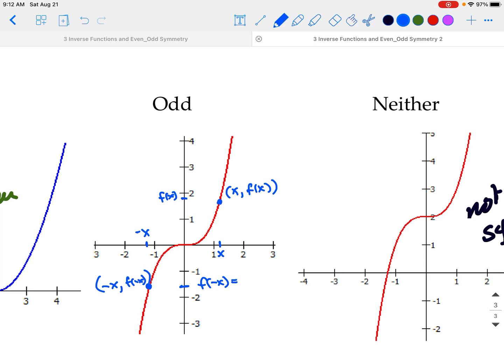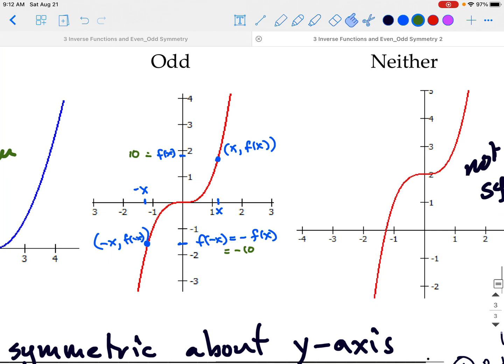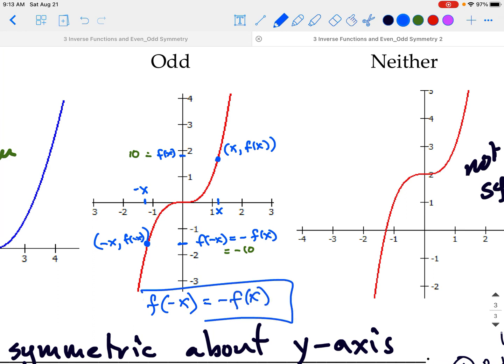So in other words, f of negative x is equal to negative f of x. So for example, if this was equal to 10, this would equal negative 10. So they will be the exact opposites of each other. And that is going to be our check, is to see if f of negative x is equal to the opposite of f of x.